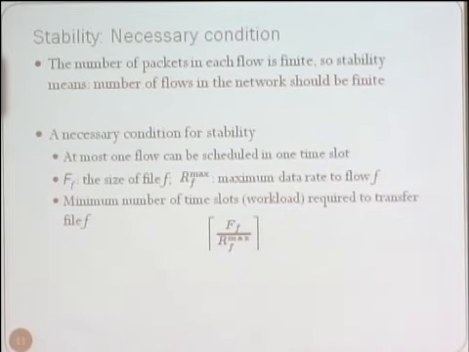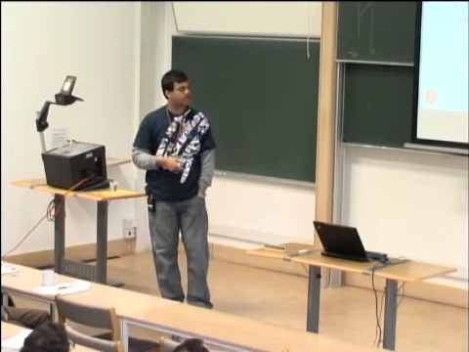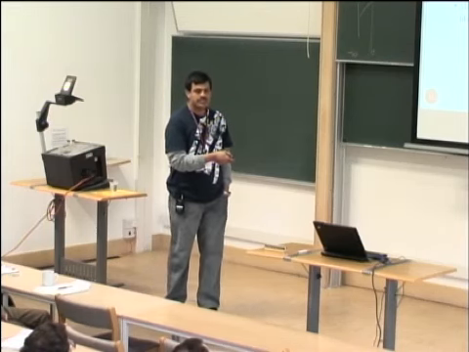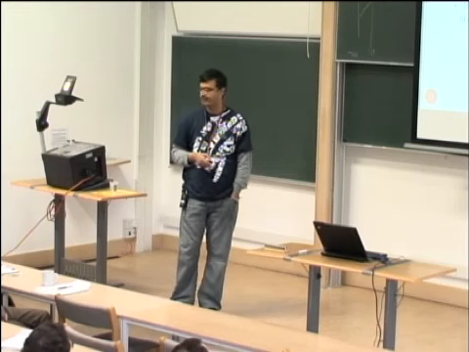And the minimum number of time slots that you would need to transmit that particular flow would be f divided by R max. So f is the number of packets you have in your flow, and R max is the maximum rate at which you can transmit. You need at least this much time to transmit this file.